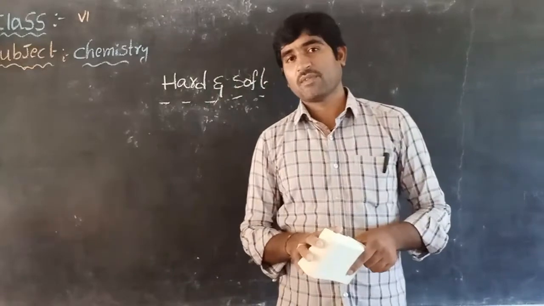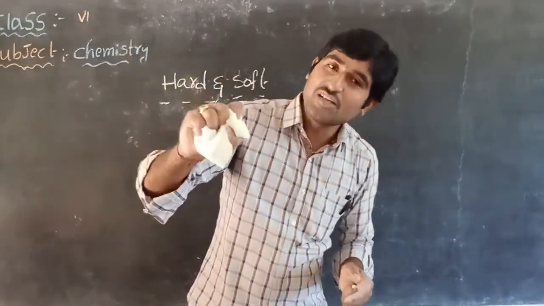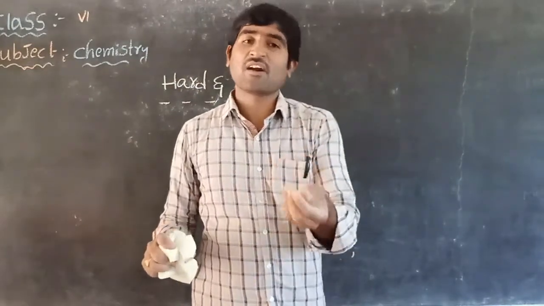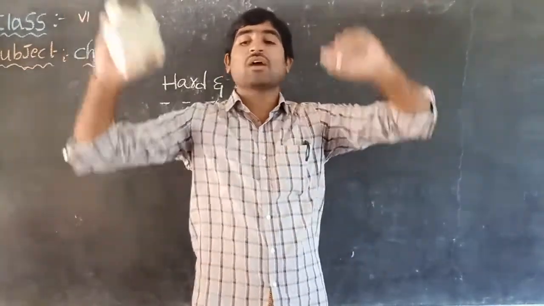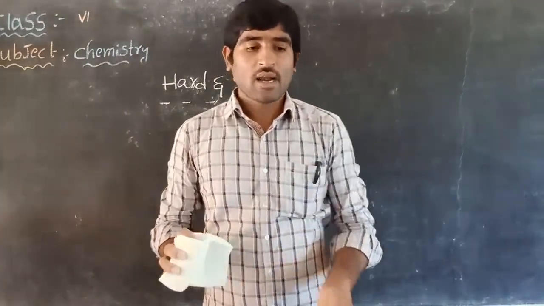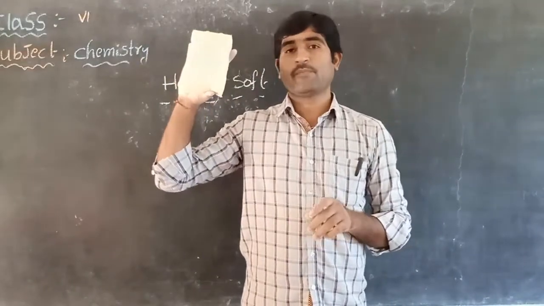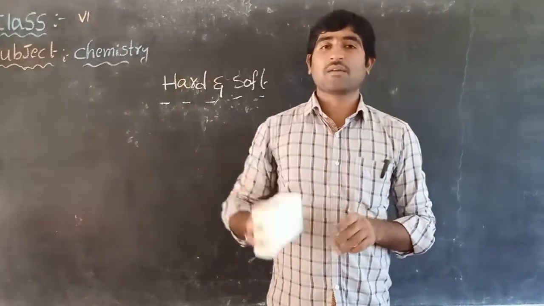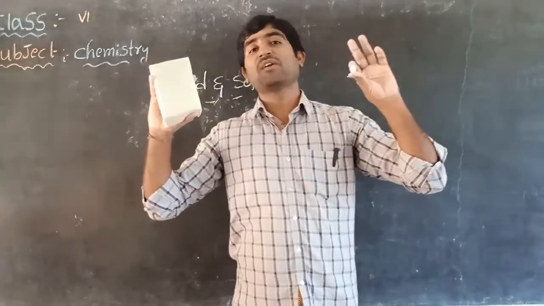Take one sponge and take one iron rod. Try to compress the sponge and the iron rod or chalk piece with your hands. What experience did you get? Here I have taken two articles. One is a duster, and one is a chalk piece. I am trying to press these two objects with my two hands.